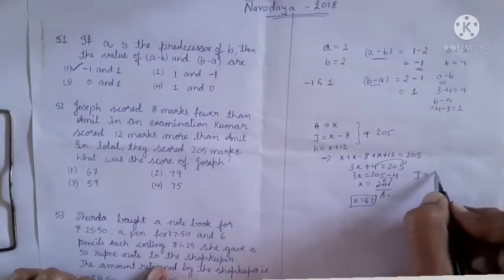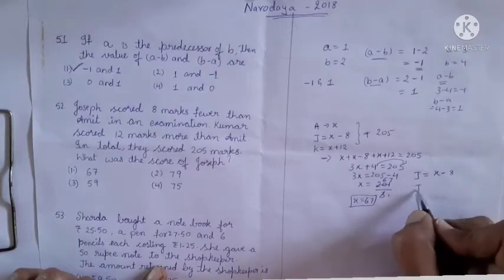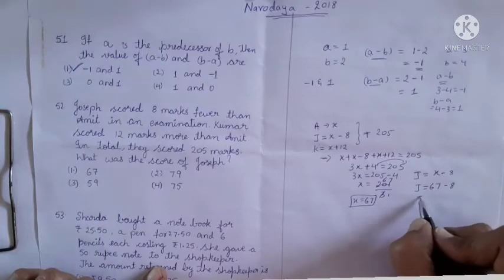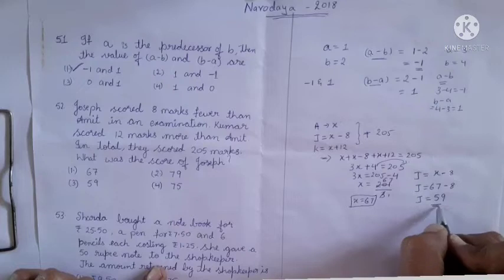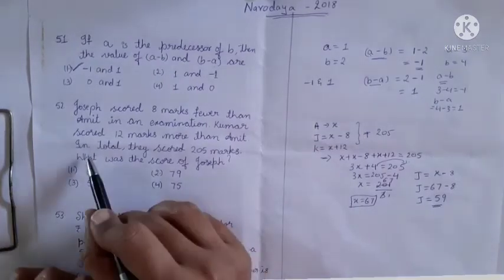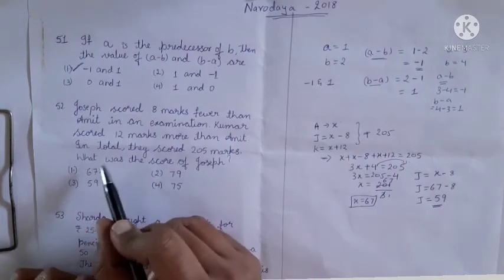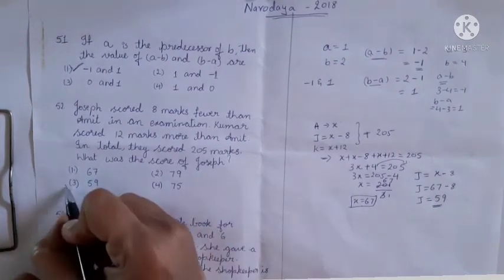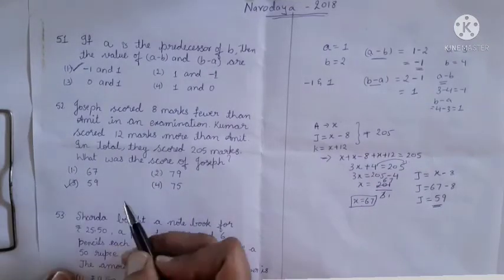Joseph is equal to X minus 8, so J is equal to 67 minus 8, which is 59. They asked what was the score of Joseph, so Joseph's score will be 59. Therefore, option 3 is the right answer.